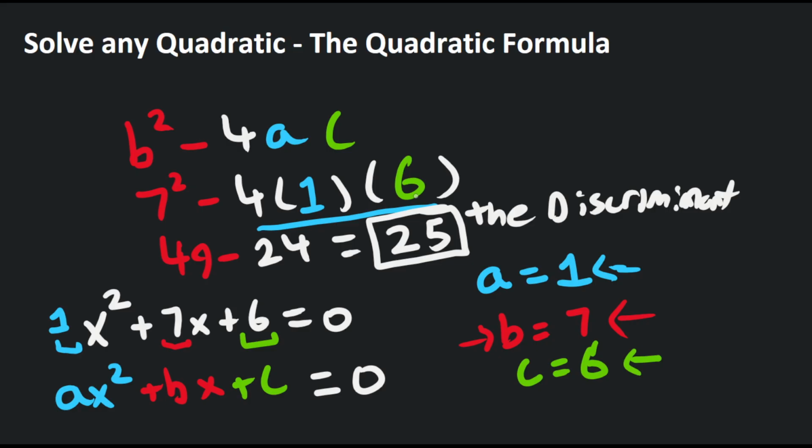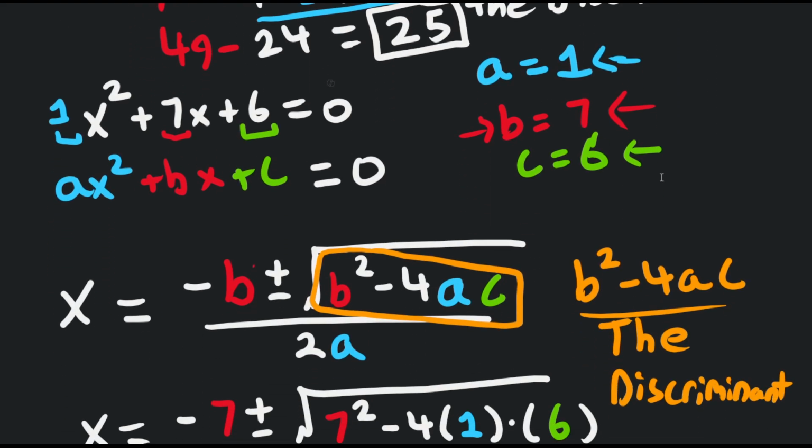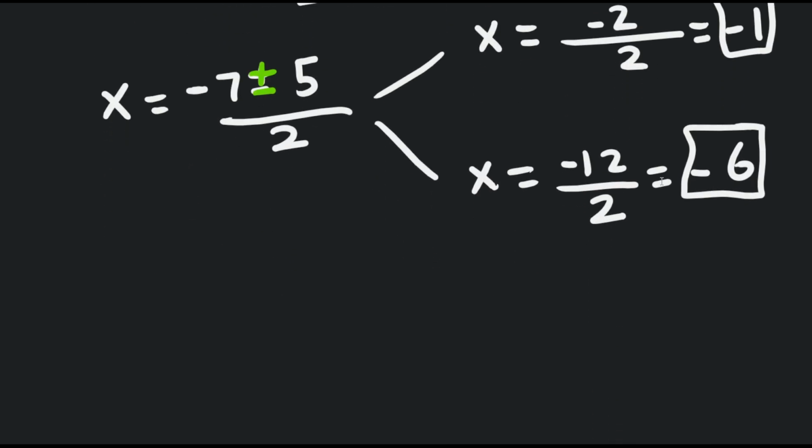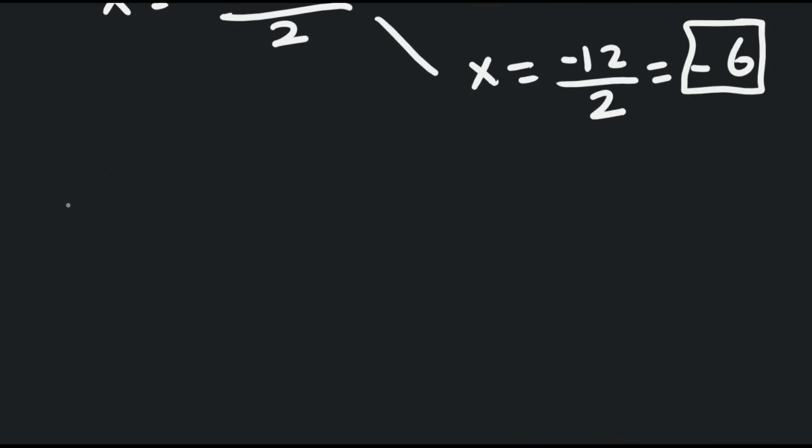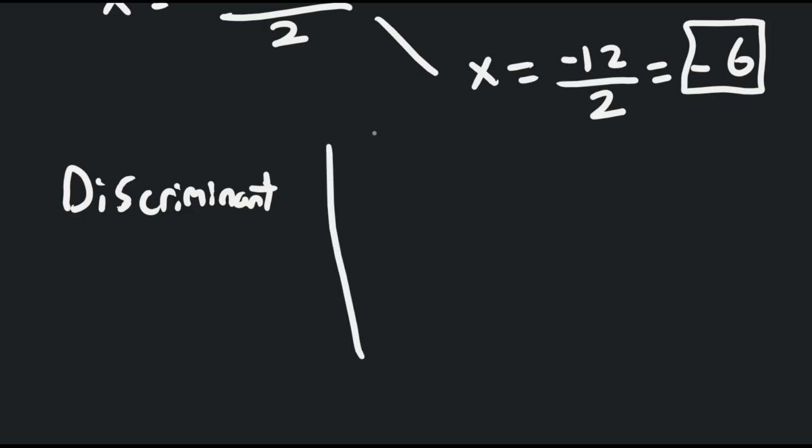Our discriminant tells us what type of solutions we expect to see. And this is very important. So let's go ahead and scroll down a little bit and draw a little table: the discriminant and solutions.